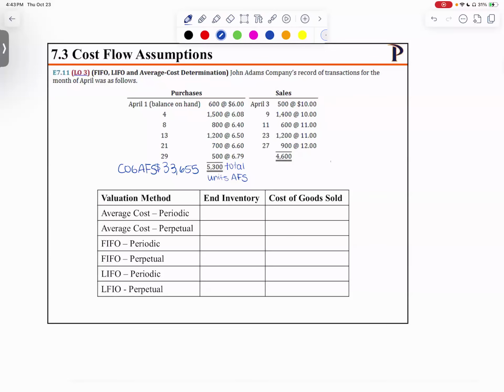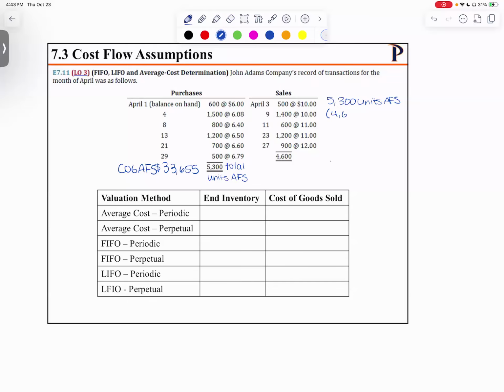These over here are our total sales. We sold a total of 4,600 units during the period, and our goal is to calculate the value of our cost of goods sold and our ending inventory. We could also calculate our ending inventory at this point by taking our units available for sale. We had 5,300 total units available for sale.